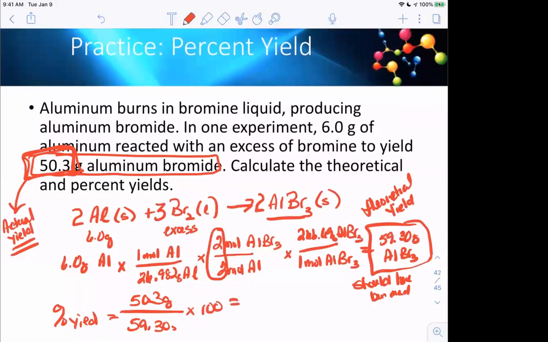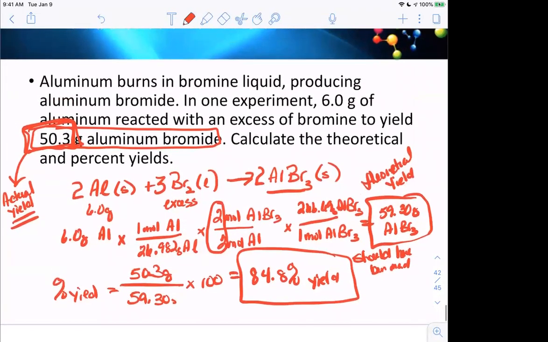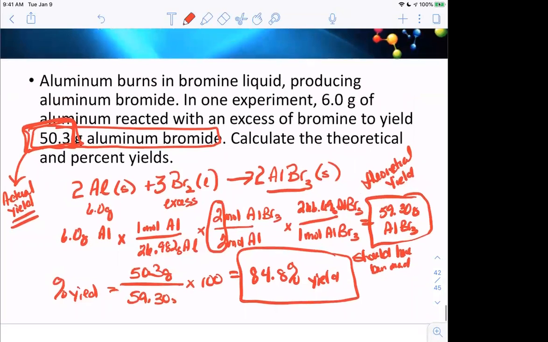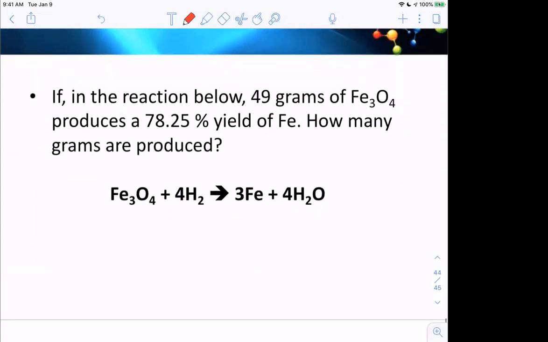So I get 50.3 divided by 59.3, and I get 84.8% yield. So this is the answer to that question. There are multiple ways that you can do that particular question. Here's another example.